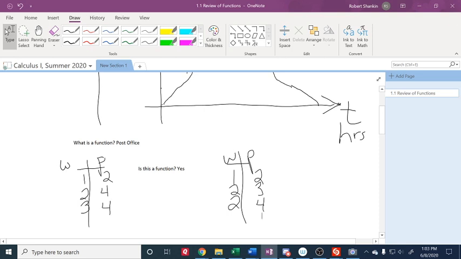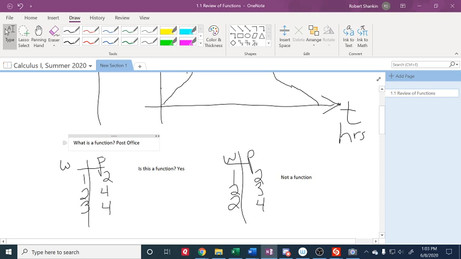One input having two different outputs is a problem. We don't tend to find these situations, and this is what we'll say is not a function. We find these not useful in math. Sometimes things that are not functions are useful to us, but in general they're more useful if they are a function.